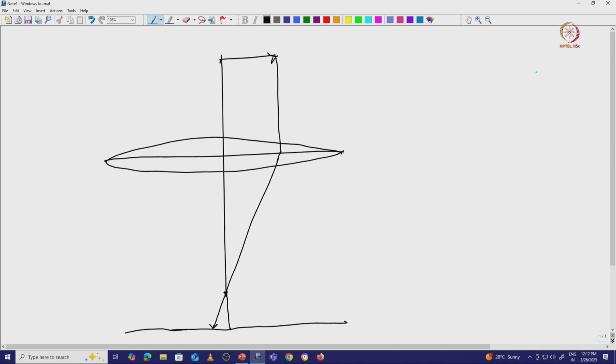Now, we are getting an image somewhere, but if this is the optical axis, this is the ray, it can come and merge here, but there will be multiple rays. We want to see how it forms an actual image.